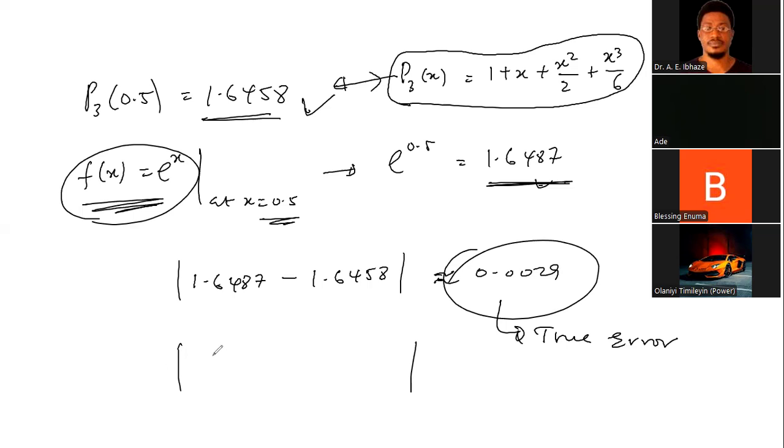So how do we estimate the true error in an approximation of a function? We are literally taking the actual value minus the approximated value to be able to estimate the actual true error in that system.